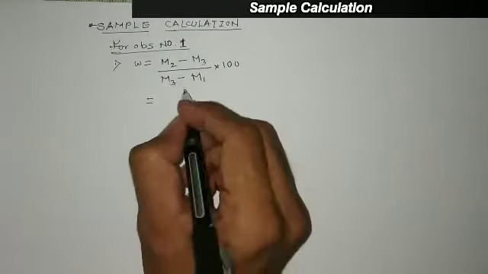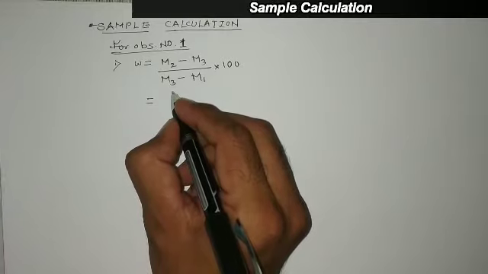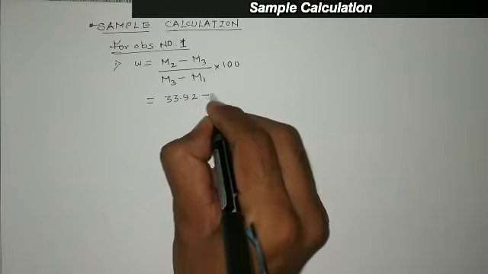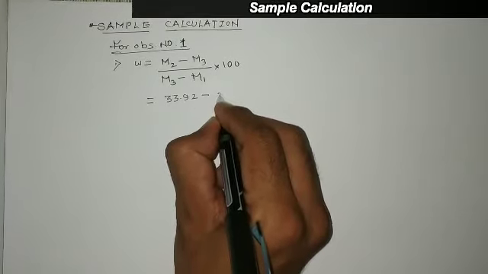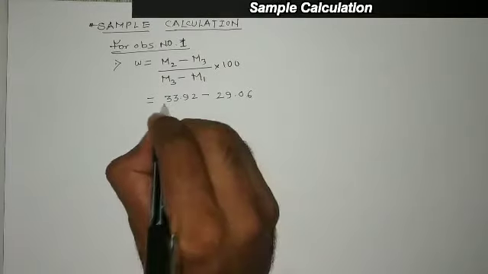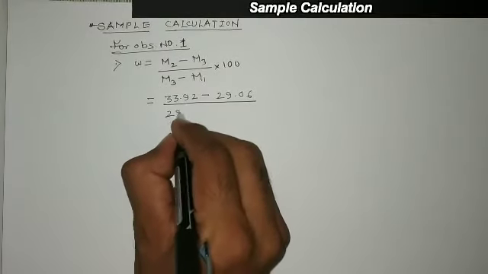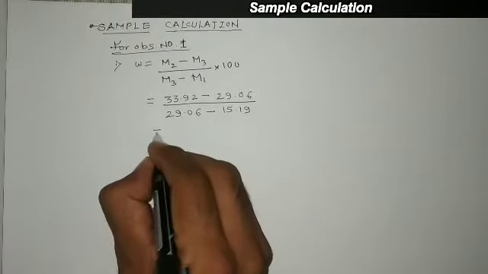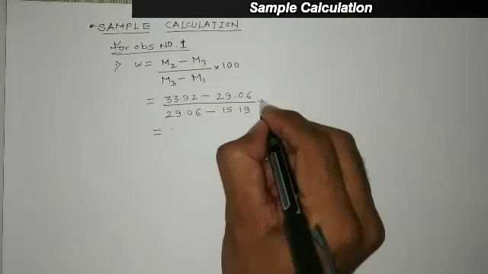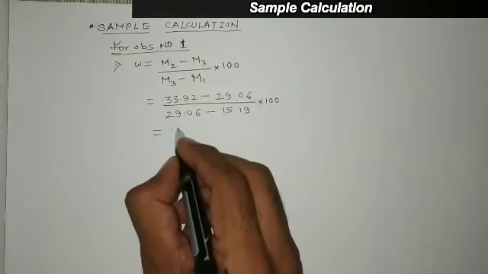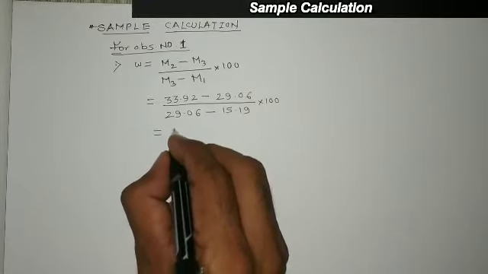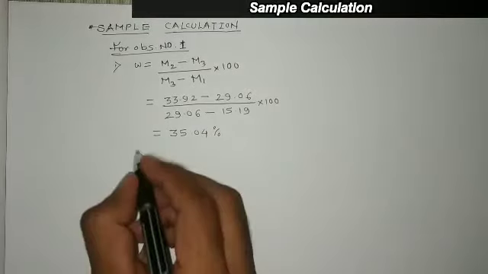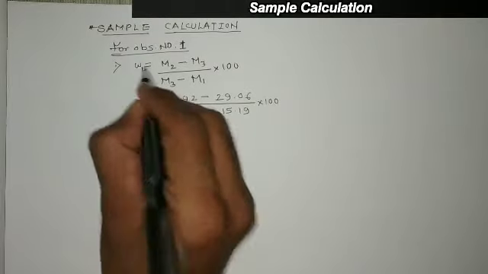Put the values. M2 is 33.92, minus M3 which is 29.06, upon 29.06 minus 15.19, into 100, and this comes out to be 35.04%. We can say this is w1.